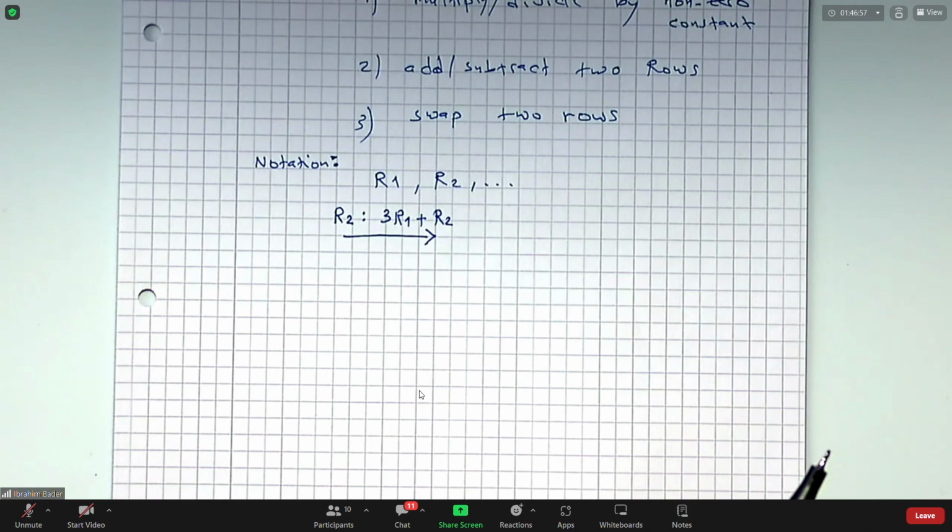I hope this notation is clear. Okay, so if we agree to this, we can move on.